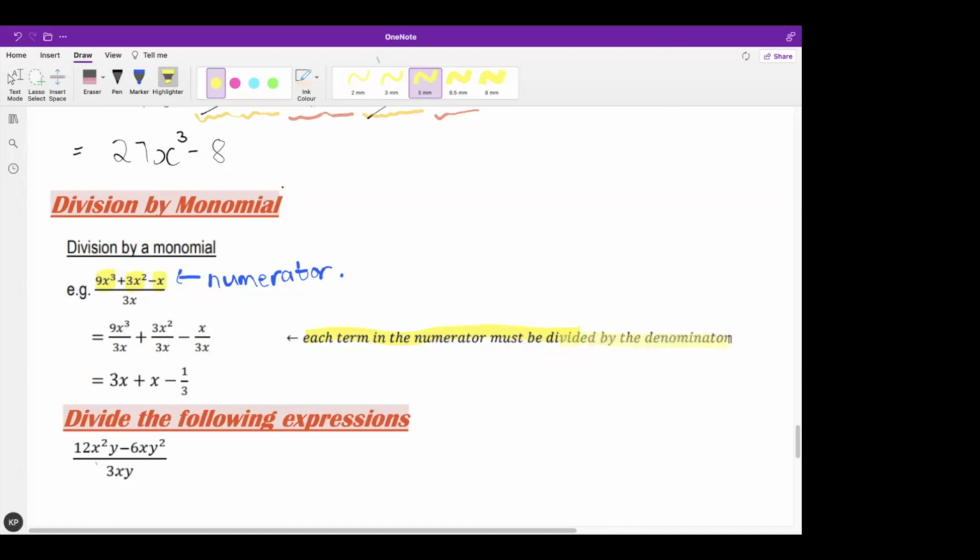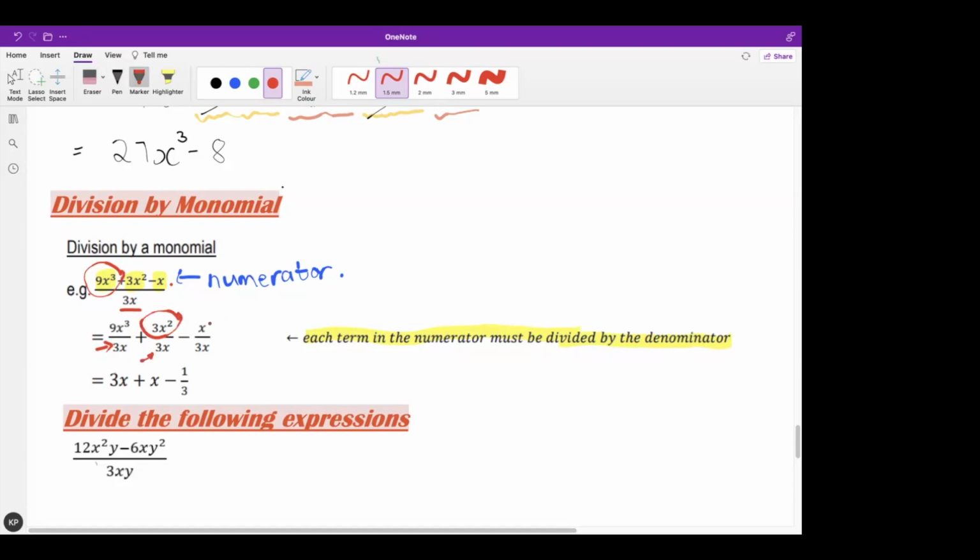Divided by the denominator. Okay, so if you look carefully here, I had a 9x cubed plus 3x squared minus x. So I divided each of these into their individual fractions. So I put the first one, 9x cubed, and I put it over my denominator, which was 3x. And then I took the next one, which is 3x squared, and I put it over the 3x.